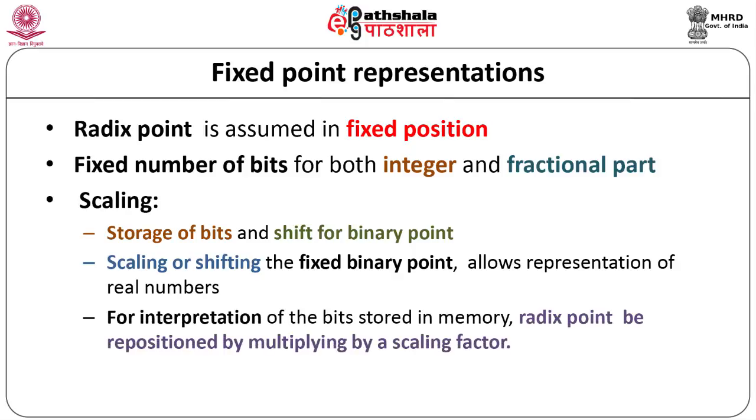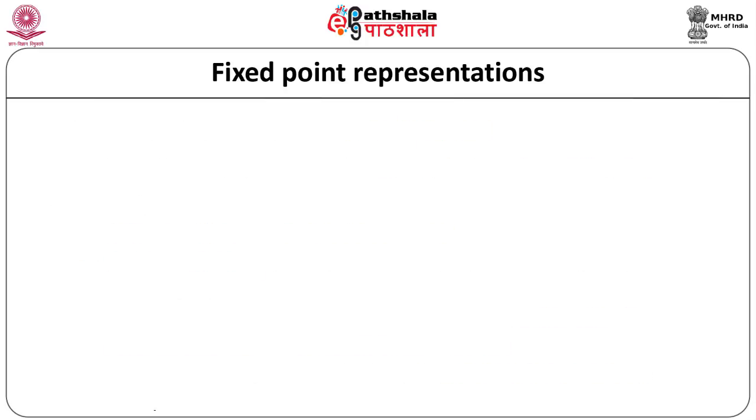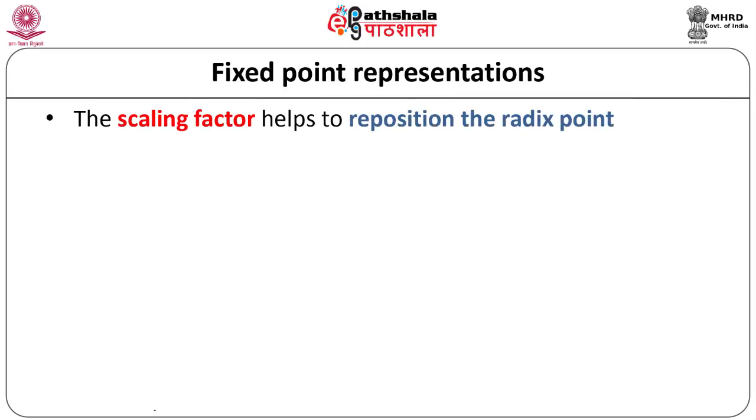While interpreting the bits of the numbers stored in memory, the radix point can be repositioned by multiplying the stored number by a scaling factor. The scaling factor in binary is always 2 raised to a fixed exponent. The scaling factor helps to reposition the radix point and allows us to represent integers as well as real numbers by fixed point notations.